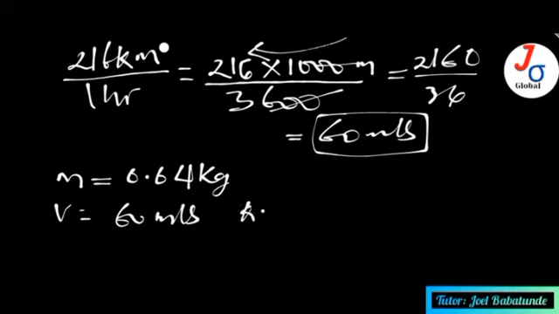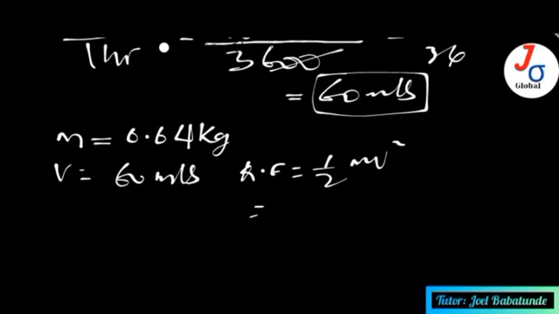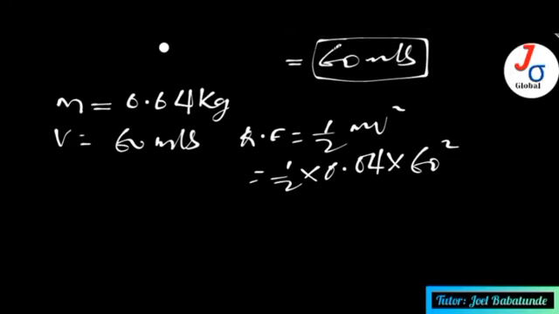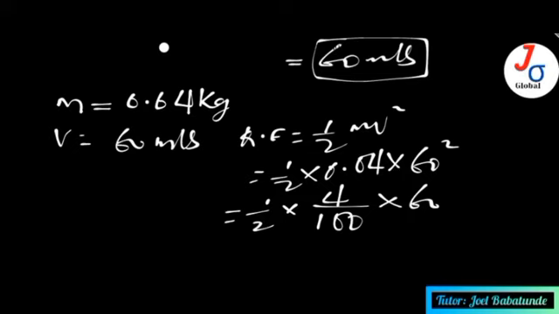Then kinetic energy, as we are asked in the question, becomes half mv squared. That's half multiplied by 0.04 multiplied by 60 squared. I can write this as half multiplied by 4 divided by 100 multiplied by 60 squared, and 60 squared is 3,600.